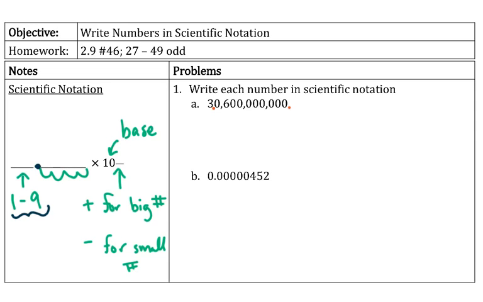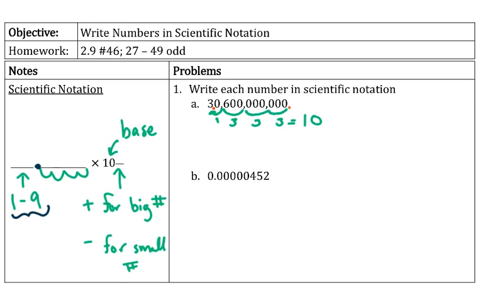So the first thing we're going to do is count how many spaces we'd have to move that decimal to end up right after the 3. So there's 3 spaces, another 3, one more, so I move the decimal point 10 spaces. This is then our exponent.